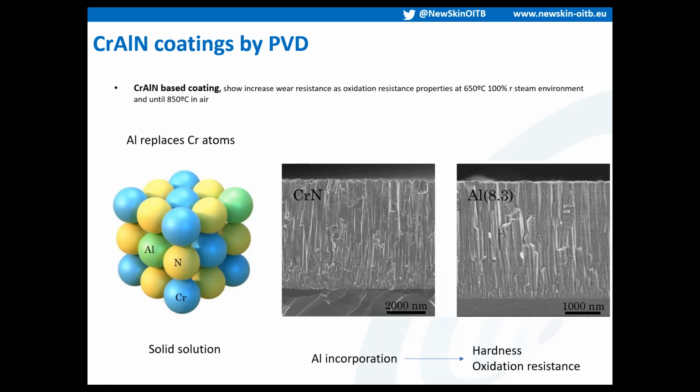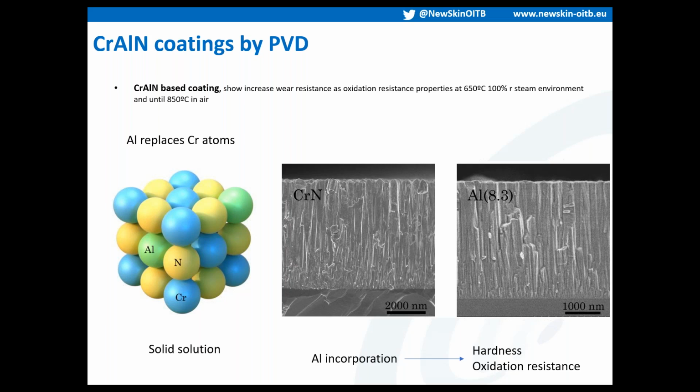In the case of chromium aluminum nitride, the incorporation of aluminum in the chromium nitride coatings shows an increase in the wear resistance and also in the oxidation resistance properties, and also reduces the adhesion for different materials, for example, in different applications.